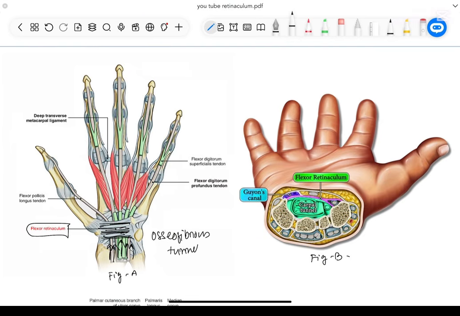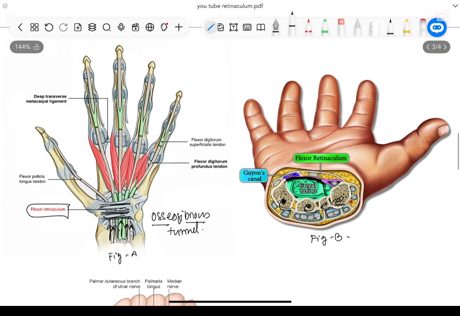The tunnel is formed above by the fibrous connective tissue and below by all these carpals. Osteo because carpals, bones are there, and fibrous connective tissue is making this band. That's why it is called the osteofibrous tunnel or carpal tunnel.